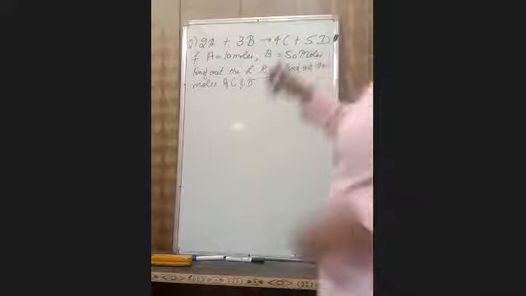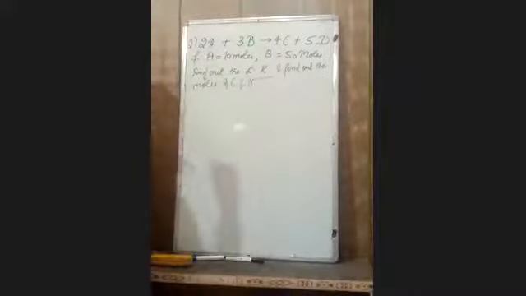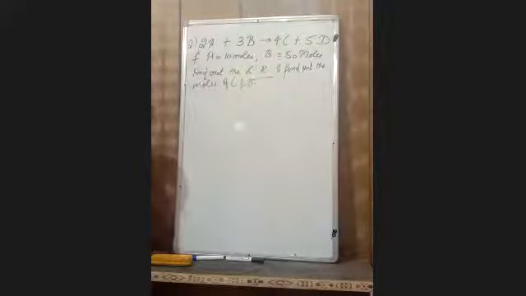If A is equal to 10 moles and B is equal to 50 moles, find out the limiting reagent and moles of C and D.